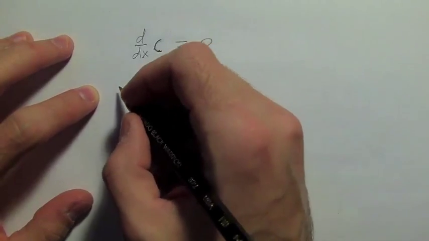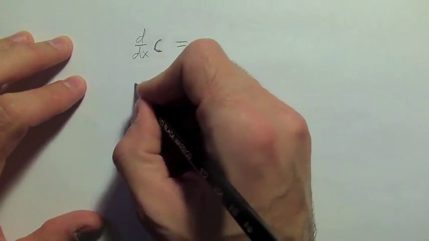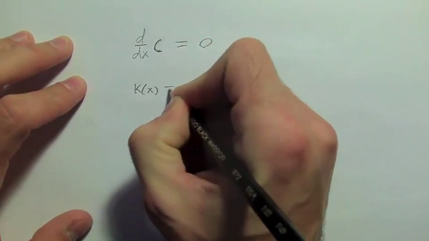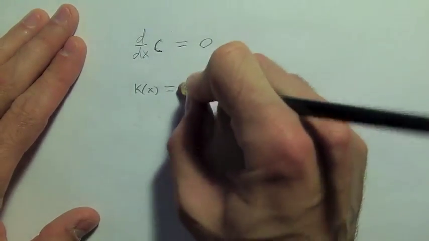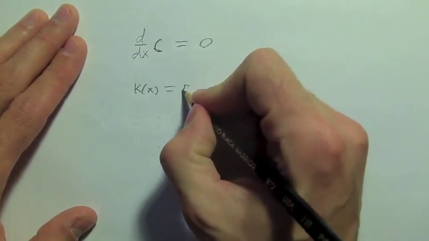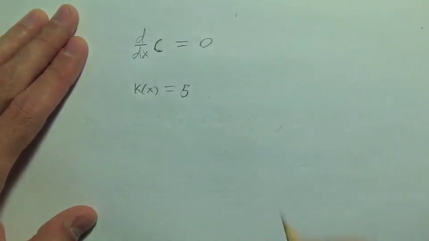There are quite a few explanations for why that's true. One, if we go to the limit definition, say we have some function k of x, k for constant, and it's equal to c. And if you prefer, we could say it's equal to something like 5, just to help us out.